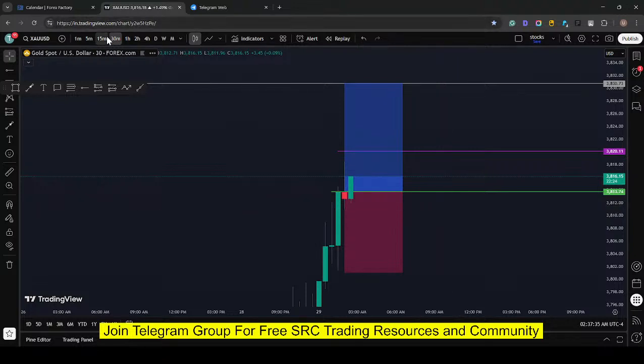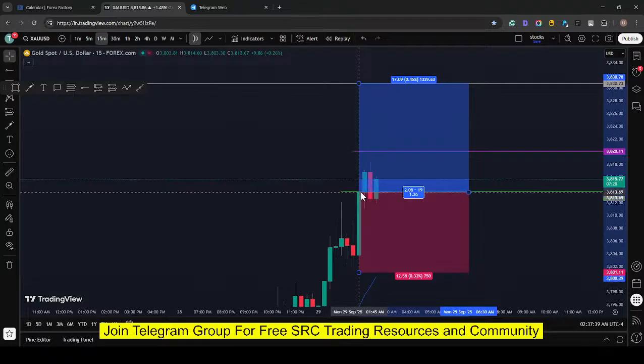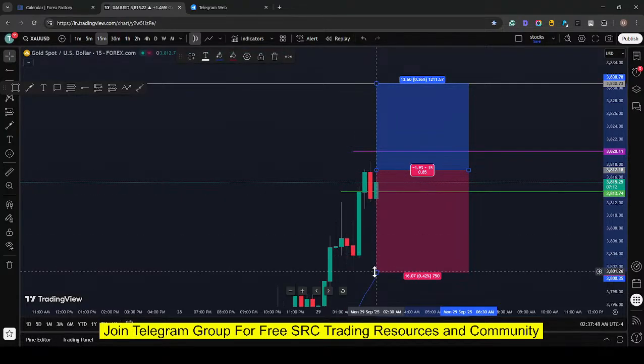Yeah, volume starts kicking in. Even if this 15-minute candle closes bullish, then we can look for buys. Something like that.